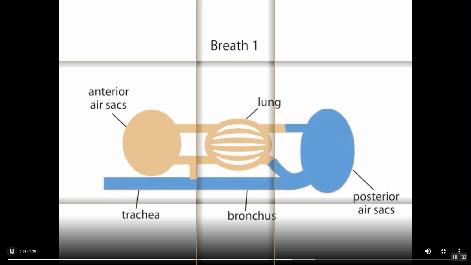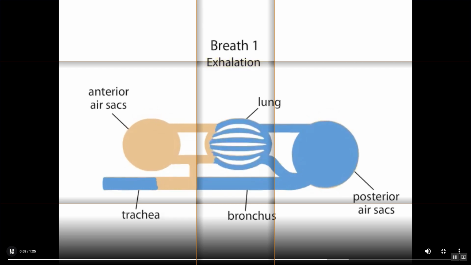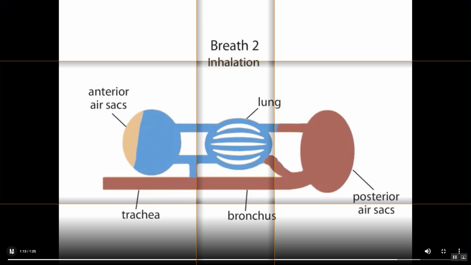During an exhalation, the air sacs compress, pushing air from the posterior air sacs into the lungs, and the air in the anterior air sacs out through the trachea. After a second full breath, air in the respiratory system completes the cycle. It leaves the lungs, passes through the anterior air sacs, and finally exits the body.